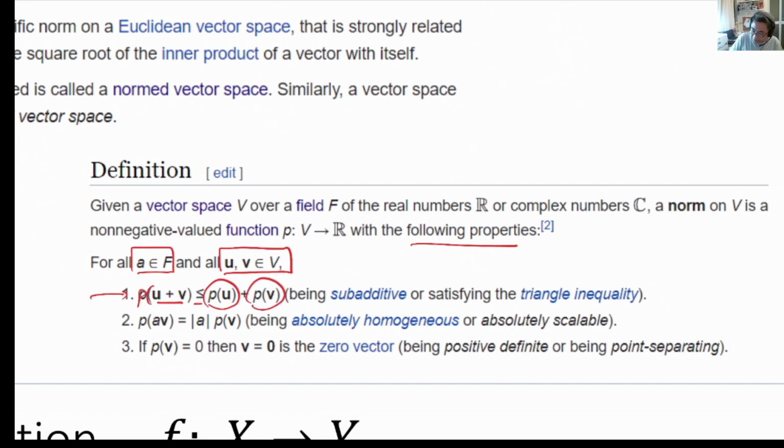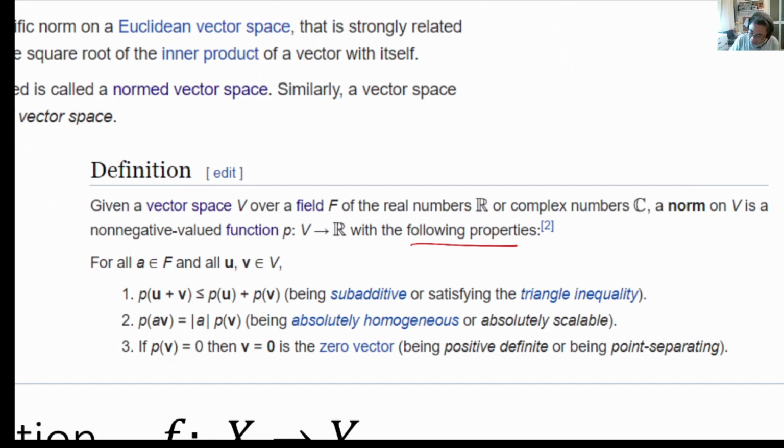This property is the triangle inequality property. Basically, it means that a norm acting on the sum u plus v is less than or equal to the norm acting on u alone plus the norm acting on v alone.